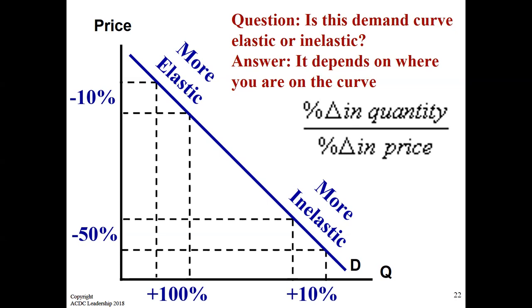Now, if you work out the numbers here, it's change of quantity demanded, 100% over 10. That is 10. Anything greater than 1 is elastic. And then you're going to see on the bottom, it's going to be 10 over 50, which is 1/5. Okay.